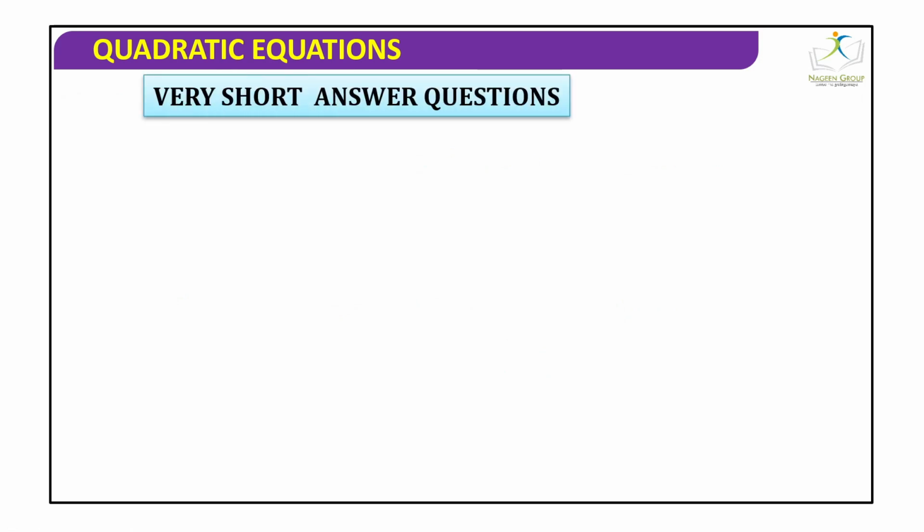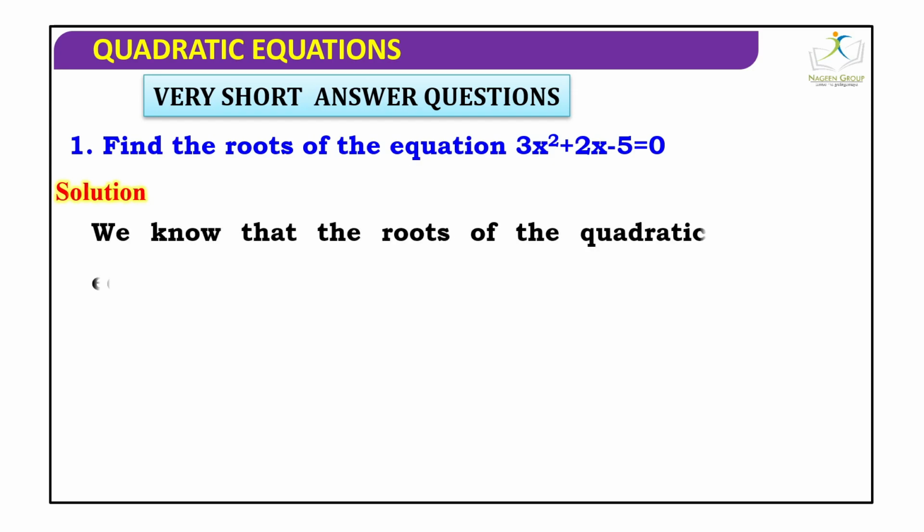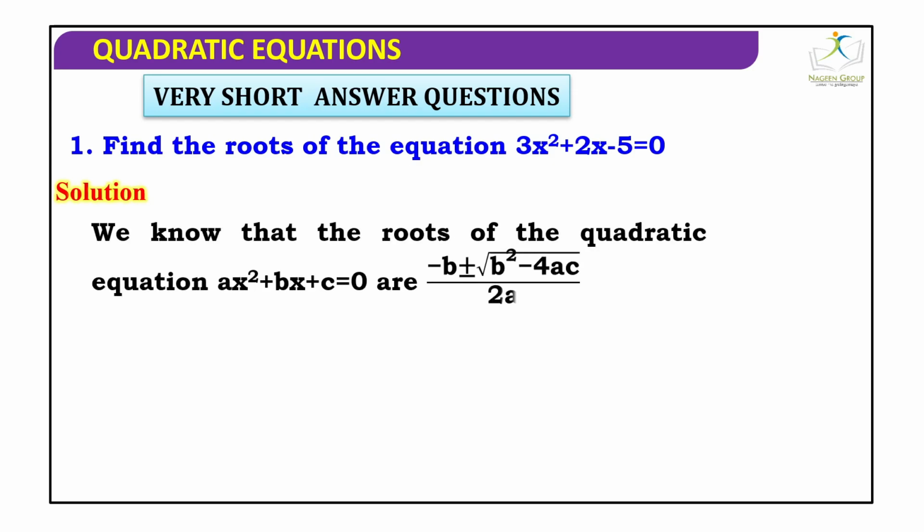Now, a very short question-answer session we are going to start. Find the root of the equation 3x square plus 2x minus 5 equal to 0. So here, how to find it? We know the roots of a quadratic equation ax square plus bx plus c equal to 0 are given by minus b plus minus under root of b square minus 4ac divided by 2a.